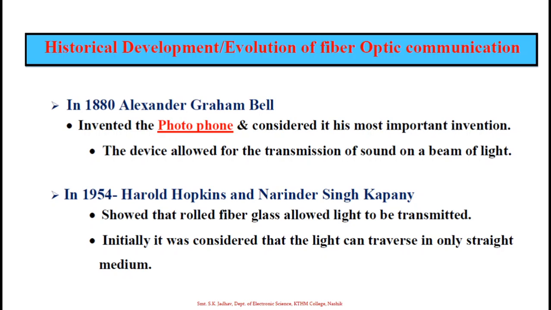Due to its use of an atmospheric transmission medium, the photophone would not prove practical until advances in laser and optical fiber technologies permitted the secure transport of light. The photophone's first practical use came in military communication systems many decades later.